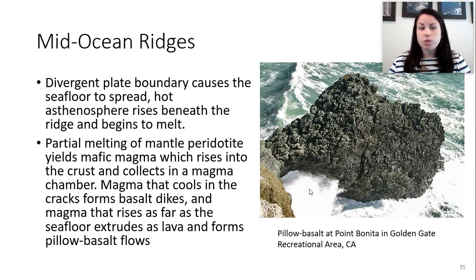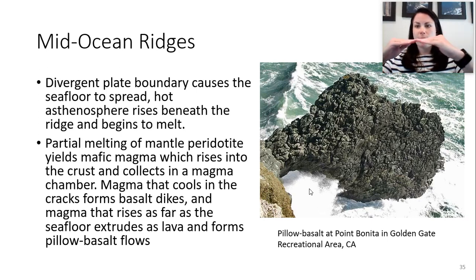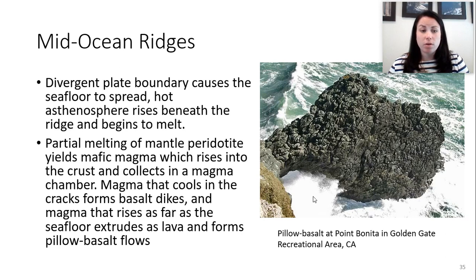So what about mid-ocean ridges? This is where we have a divergent plate boundary, again, where we have two plates that are moving apart from each other. And this is where we see seafloor spreading, where the asthenosphere can rise between the two plates, and it melts and generally creates new oceanic plate or continental plate, depending on where it occurs.